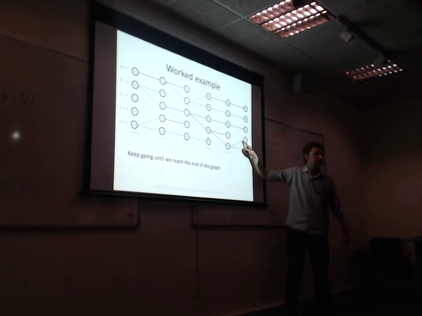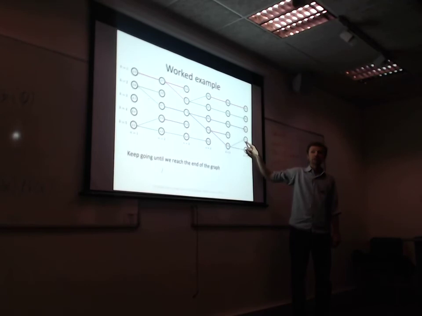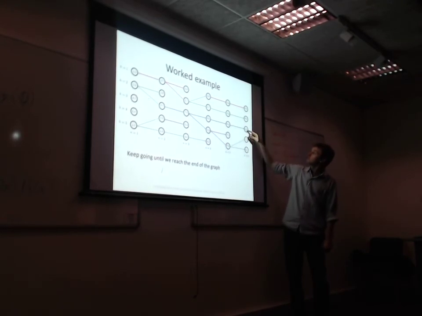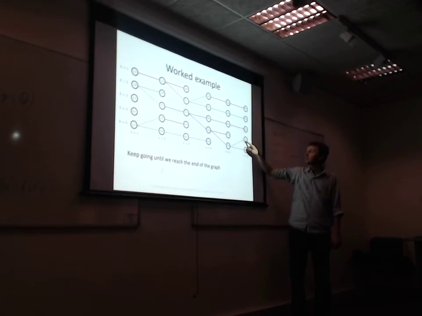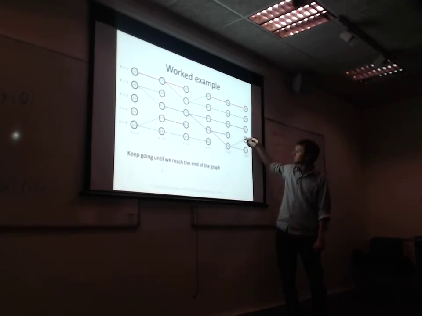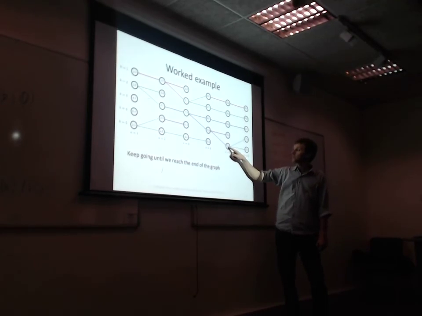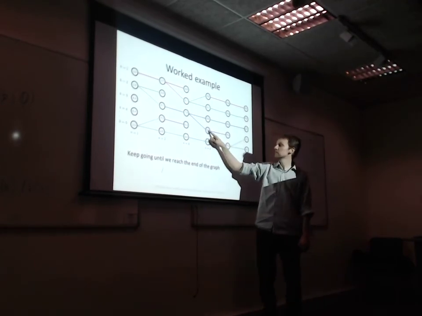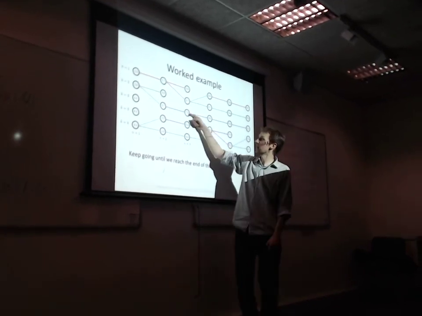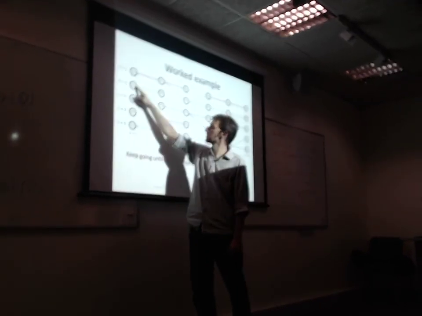Because we just traced backwards. There's only one way you can get that cheap cost. If you went from any of these, that wouldn't be the cheapest. So to get here, you had to go. Now you just trace backwards. You had to go from here, and to get here, you had to come from this circle, and back, and back, and back.